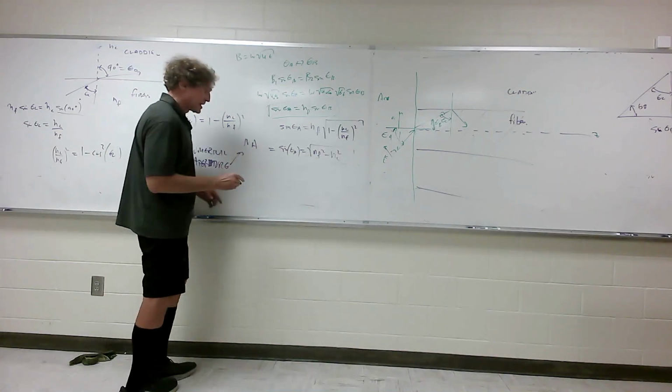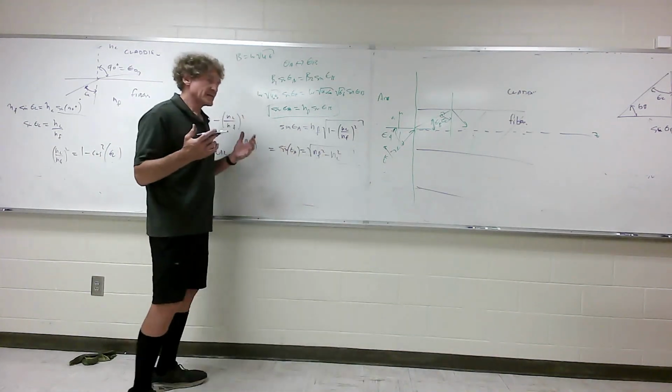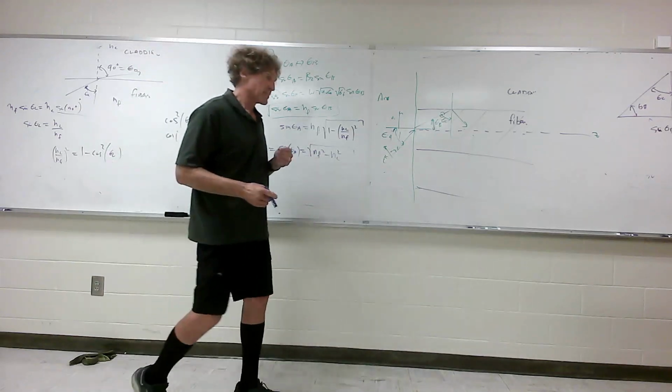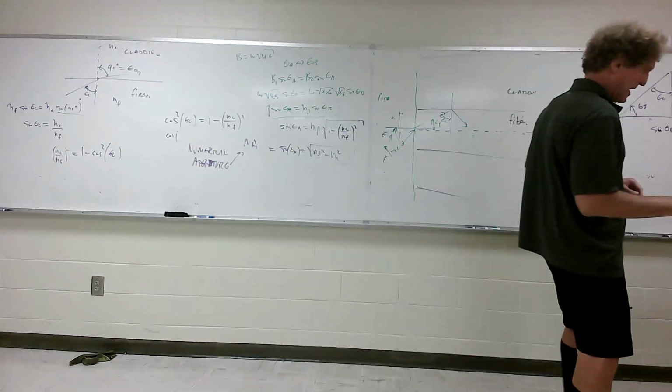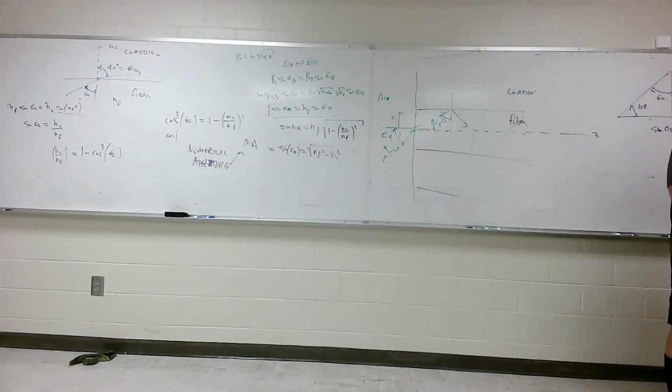And NA, but it's the sine of the angle. Now, please just follow me on this. And you should have that down there, this numerical aperture somewhere. It's on page 411, equation 7.110.